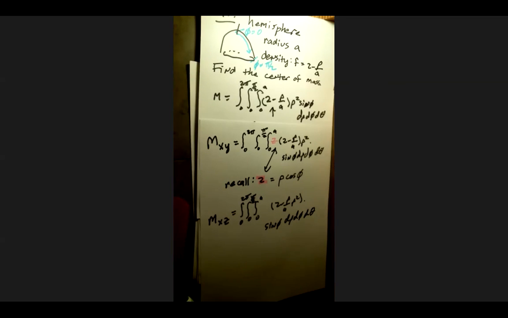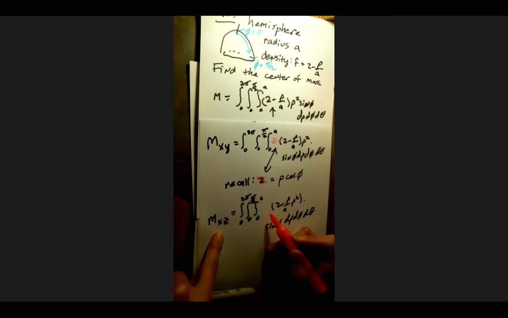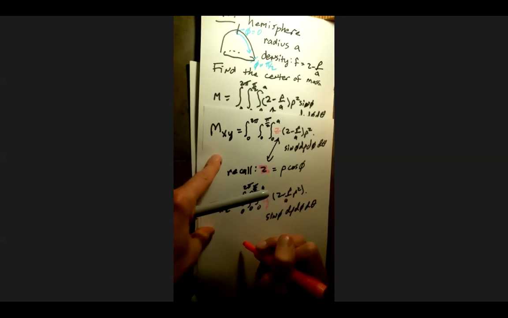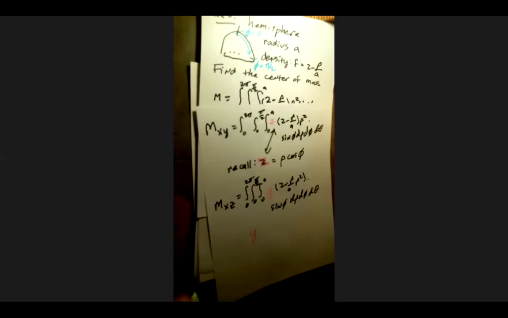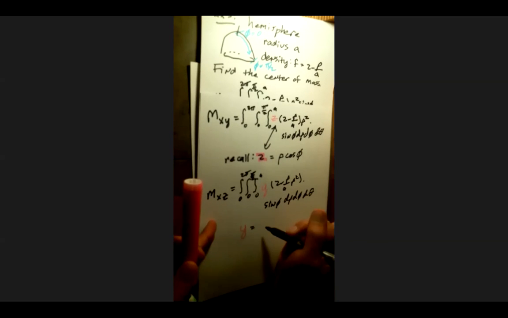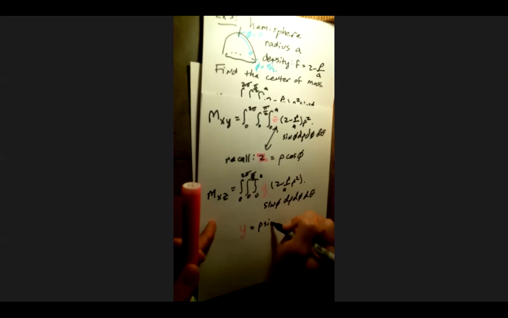But now we would multiply by what comes in here? A y. Good. And we recall that y is equal to what? So think about polar. In polar you'd have r sine theta. So in this case you'll have rho sine theta sine phi.